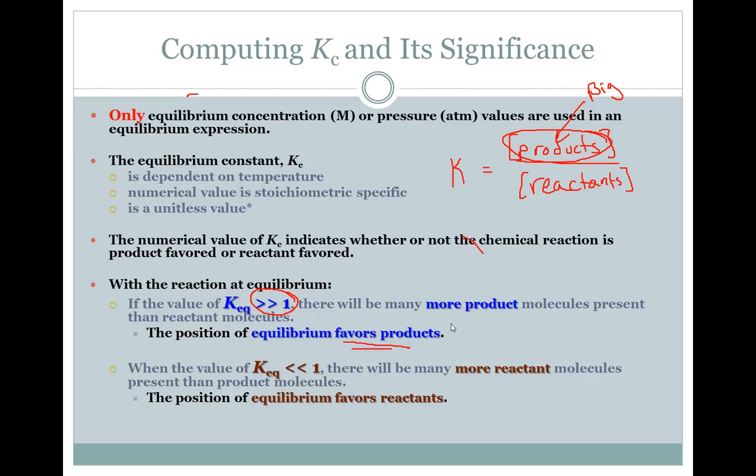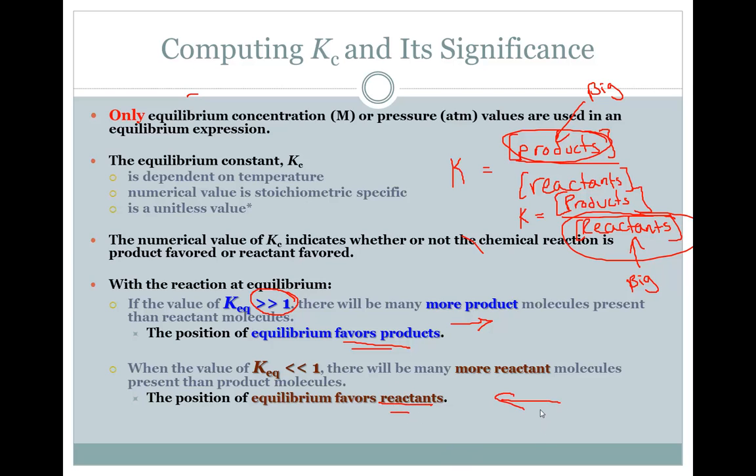If it's really small, that means the reactants are a big number. So that means it's getting divided by a really big number. So that means there's more reactant molecules present than product molecules, which means it favors the reactant. So it favors the reverse reaction.